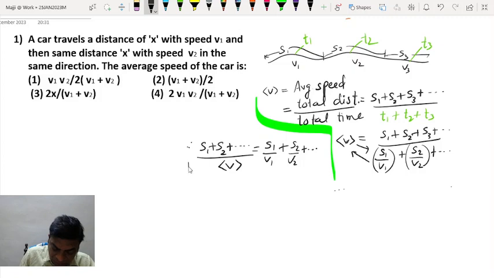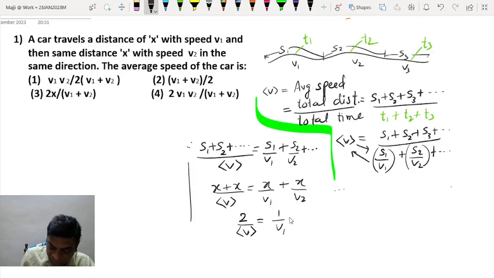Here in this situation it is x plus x, I have just substituted the values. Then you have 2 by V bar, as average speed, is equal to this.